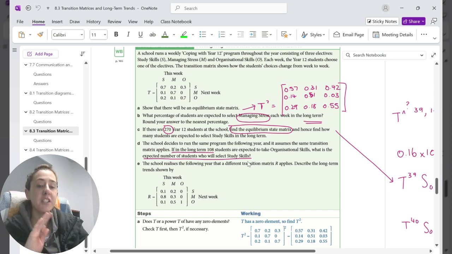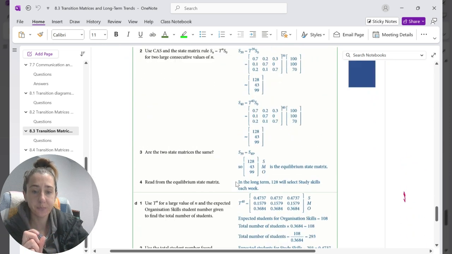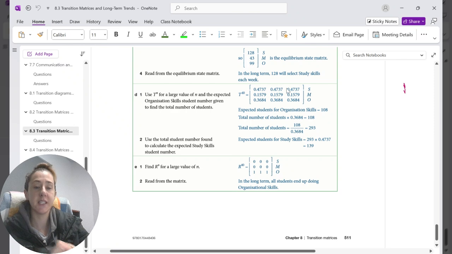Now, the information that we don't know in this question is how many students total we have. So to calculate this answer, we need to know how many students we had in the cohort. So we have to take this information of the 108 to find that information out. So if we go down, we've got our transition state.